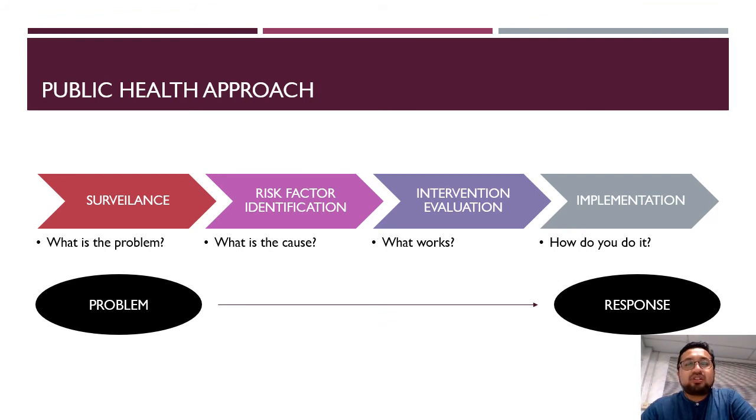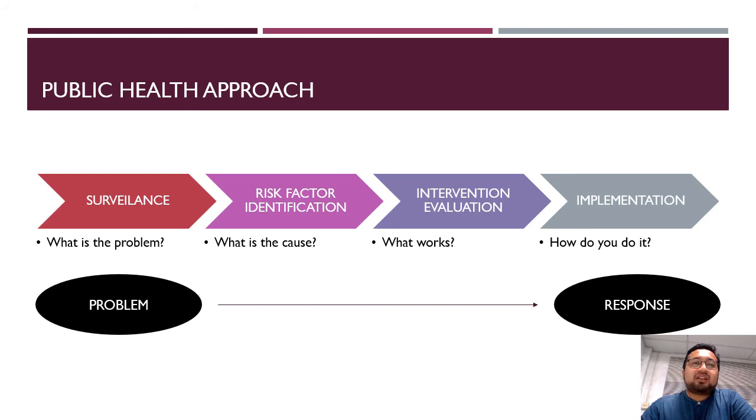Systematic approach. The first question is, what is the problem? What problem is in that population? And what kind of symptoms or disease develop in the population, what are their complaints, what is happening.